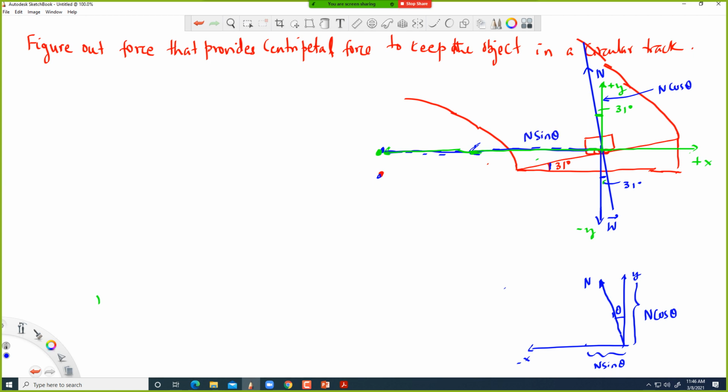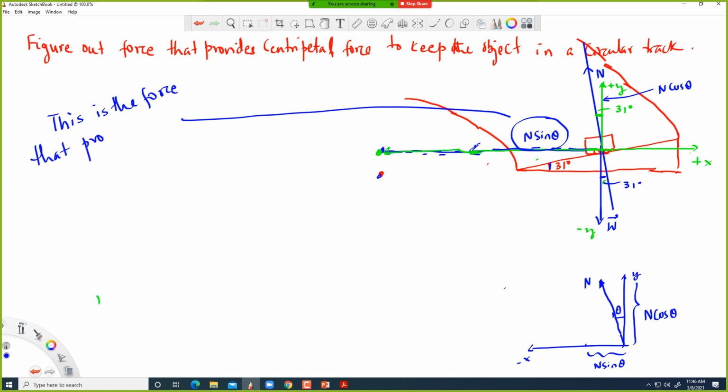And in this case, this is the force. See, it's pointing along this direction. So this is the force that provides the centripetal force to keep the car on the track.